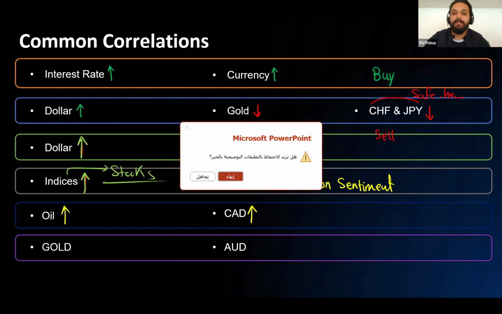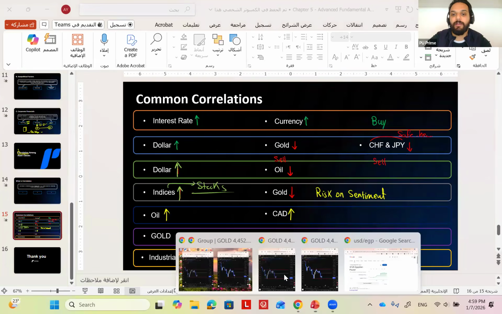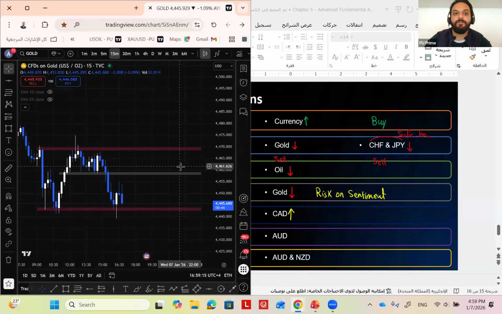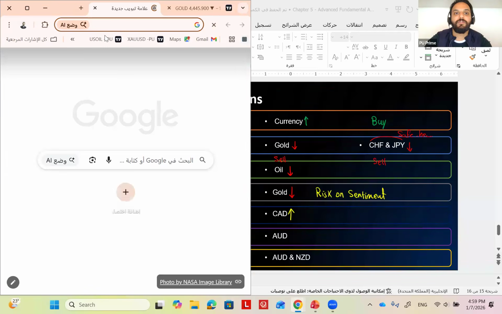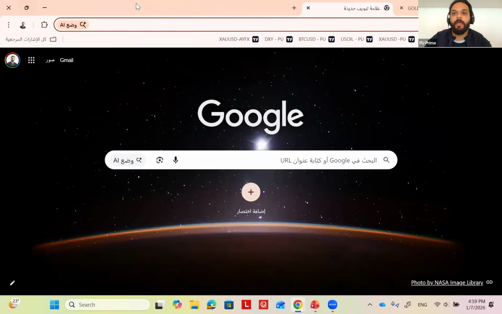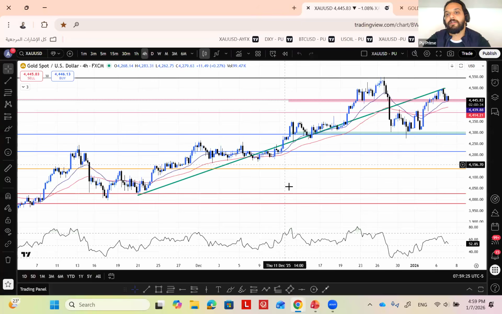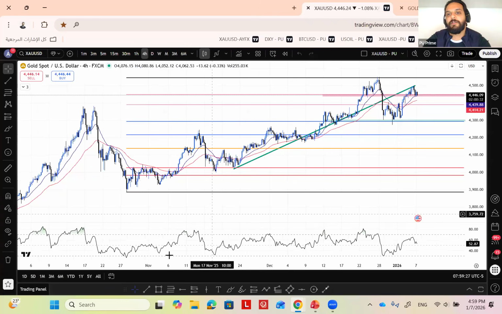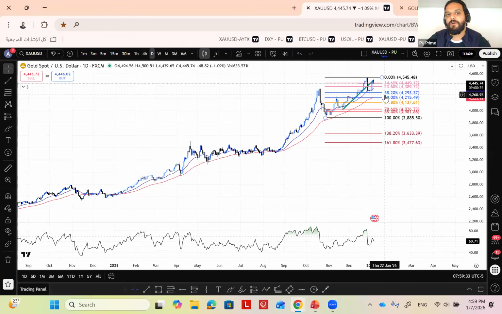Let me go to the chart quickly. This is the gold, and it's a clear uptrend. If we bring up the daily chart, it's going up.